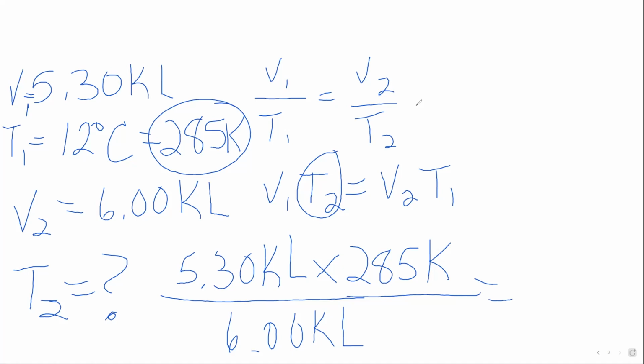I was like, wait, that should be 6 on top and 5.3 on the bottom. This is why it's good to write them down, you see, because otherwise you can get confused. And I just did, but I noticed because there's something wrong here. Okay, so we said V2. See, that would be V2 that goes up in there. So it's 6.00 on the top divided by 5.30. Okay, so now it's correct.